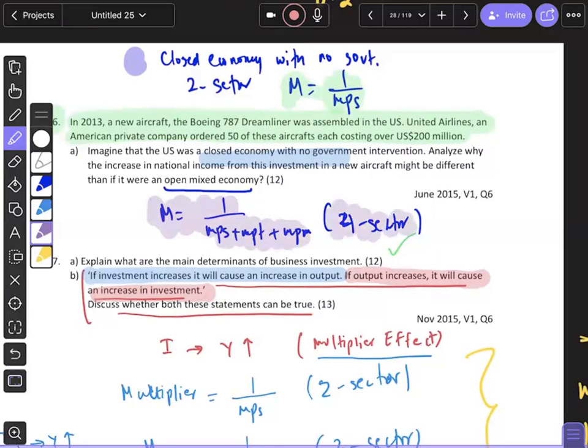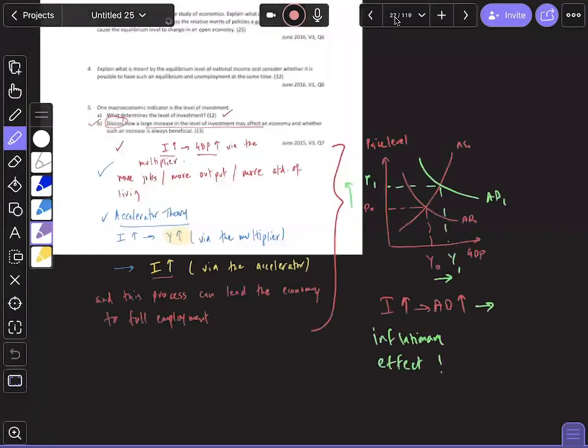And then we show how the same level of investment can lead to a lower rise in national income the more the economy moves from 2 to 3 to 4 sector, because there are more withdrawals that will take place. Okay, so that's a good question to revise that concept. Okay, any question before we move on?